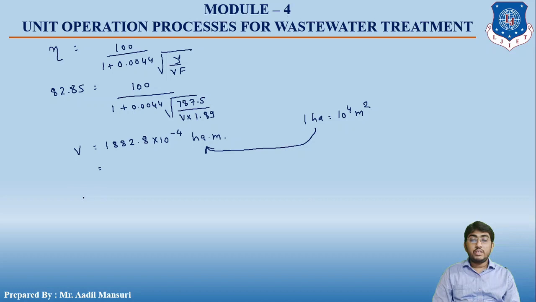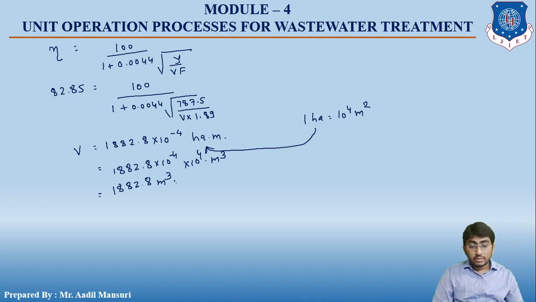So this will be equals to 1882.8 into 10 to the power minus 4 into 10 to the power plus 4 into meter cube, right? So this will be equals to 1882.8 meter cube. Clear? So we have found out the volume.